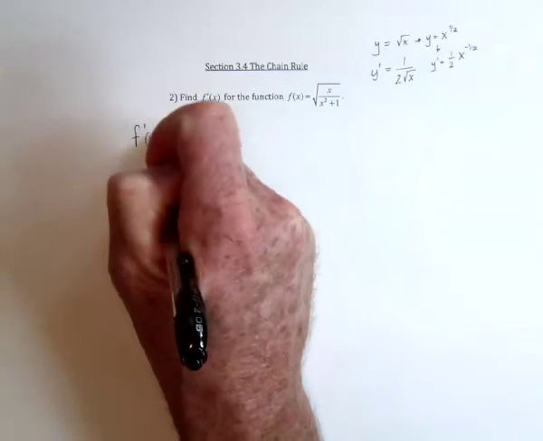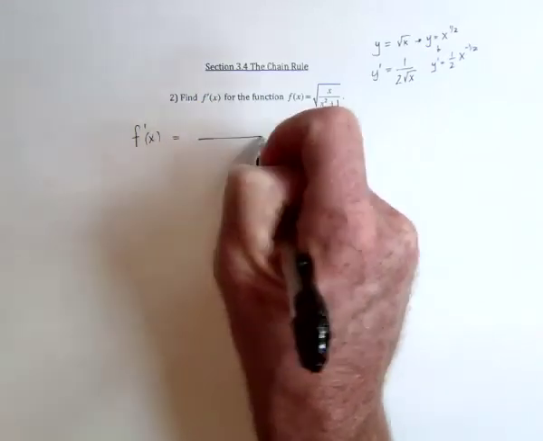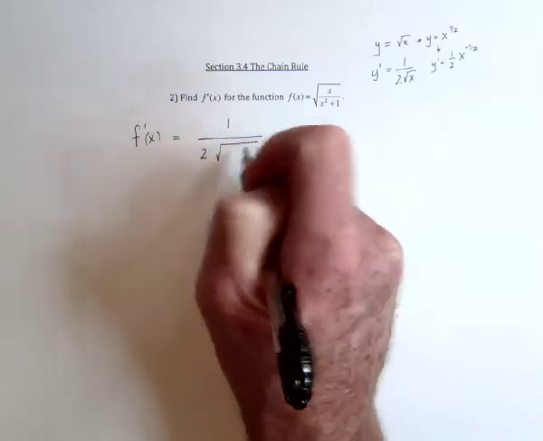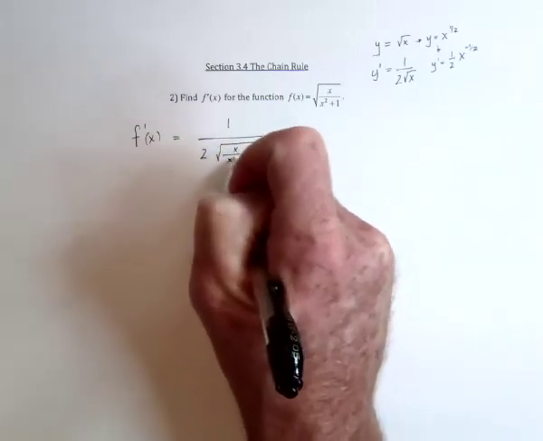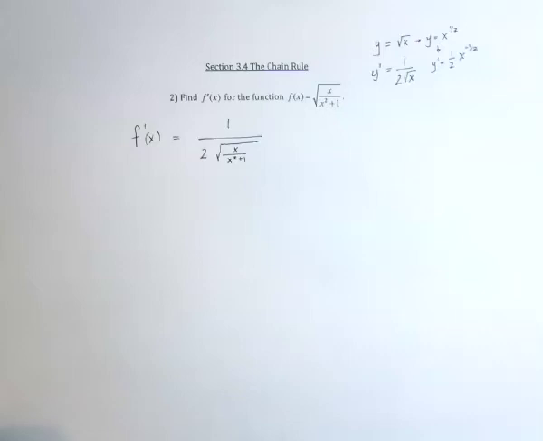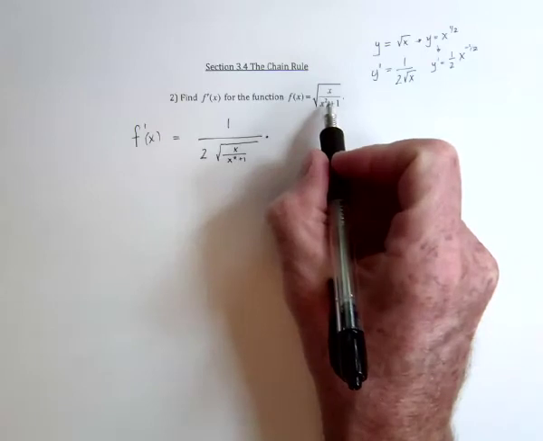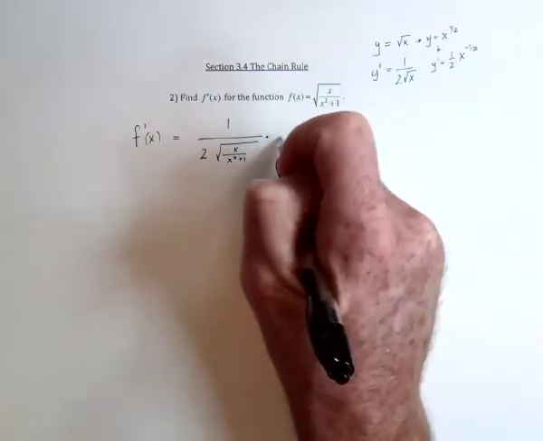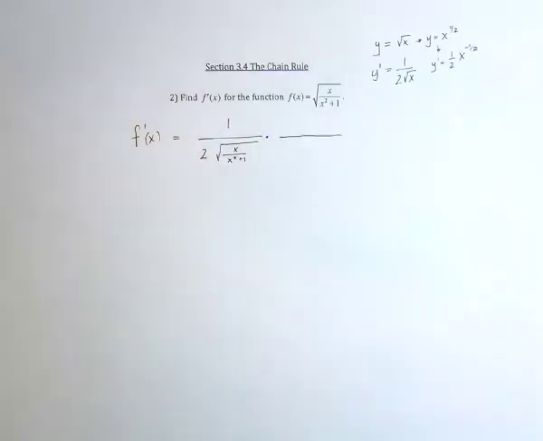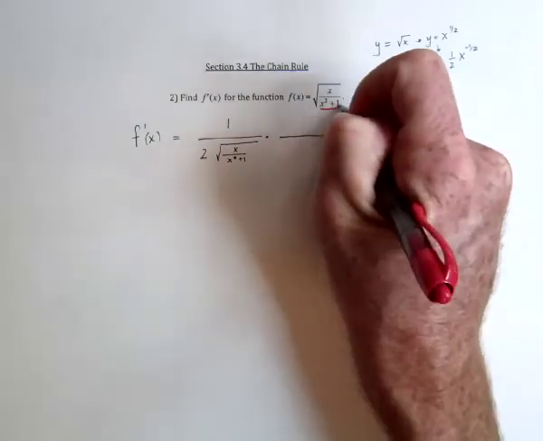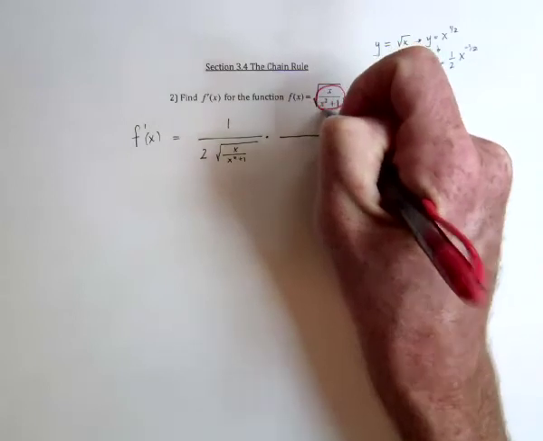The derivative is going to be 1 over 2 times that square root. And then the chain rule says multiply that with the derivative of the inside function. So now we're not dealing with the square root, we're just dealing with this inside function right here.